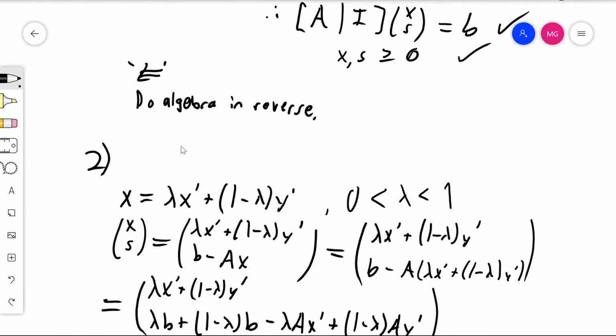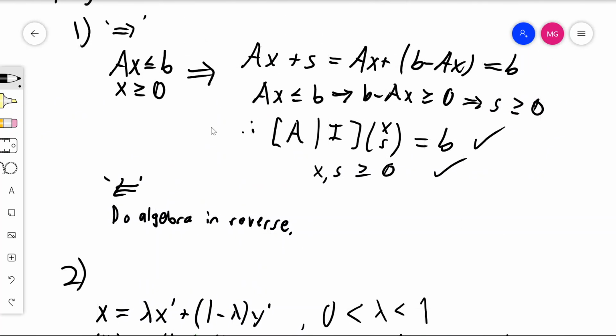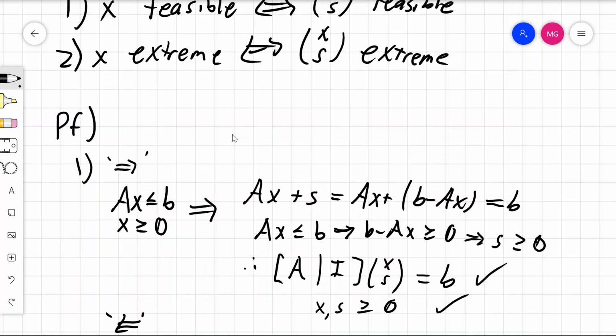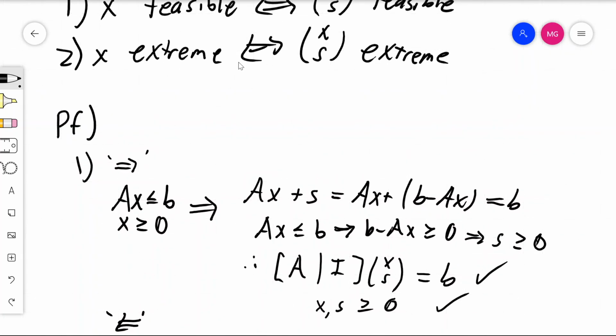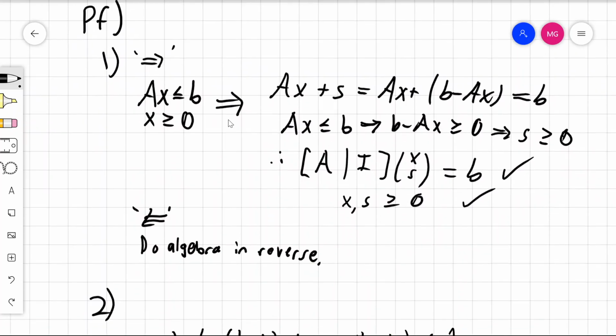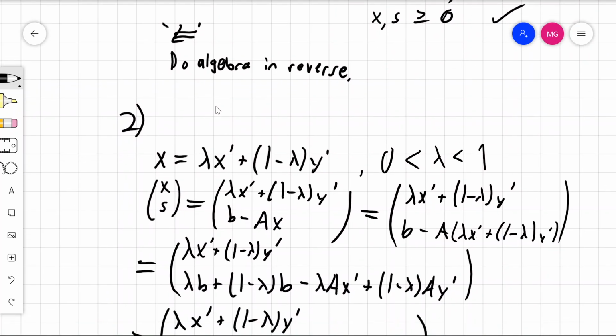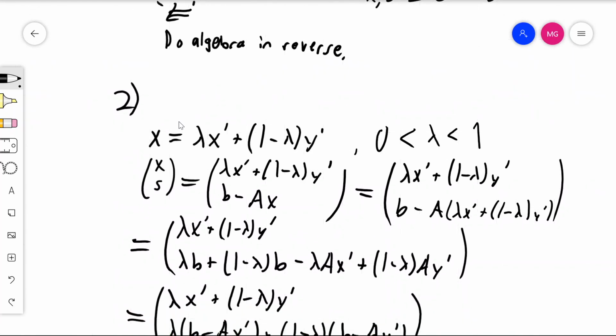Now for the extreme point portion, that's part 2 here. Part 2 is saying x is extreme if and only if (x, s) is extreme for the SEF linear program. Okay, so why is that part true? Well, let's just assume that x is not extreme, and then we'll show that (x, s) is not extreme for its linear program as well.